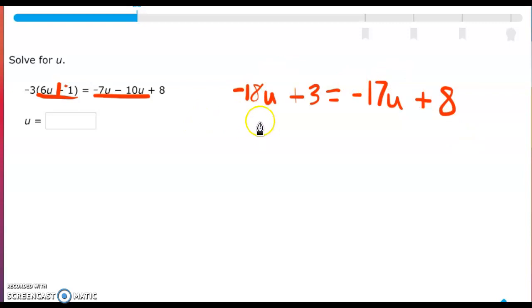So the first thing I want to do is get the u's on one side. So I'm going to add 18u. It does not matter if I add 18u or if I add the 17u. I'm adding 18u since this is a negative sign and I want to create a 0. So that will create 0. Over here, I'm going to add 18u.